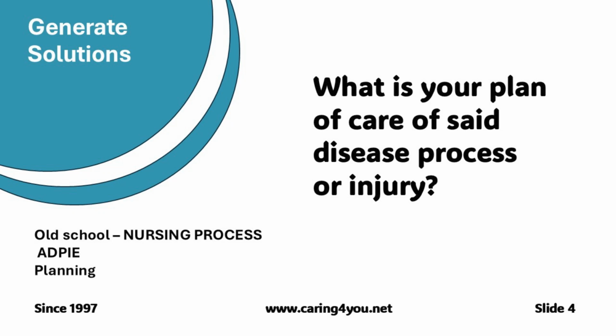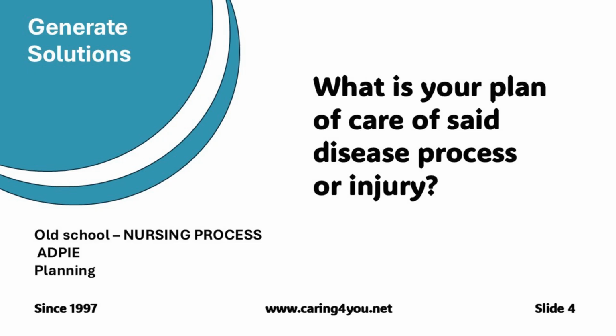Old school nursing process, this was called planning, right? All right, so when we generate solutions, remember, what is your plan of care of said disease, process, or injury, right? What are you going to tell all your other fellow nurses and multidisciplinary team what to do?